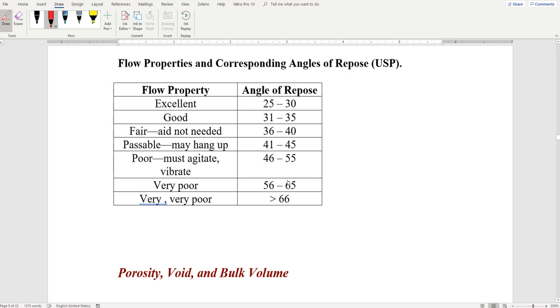When we say very coarse, you need to know that the highest size, for example, is 2.36, and not more than 20% pass through sieve number 60. So you need to know these things, what is the upper size and what are the other characteristics.